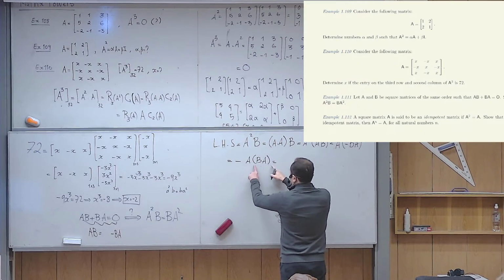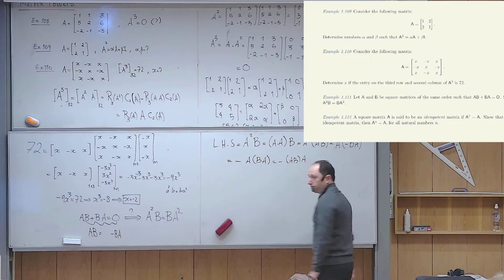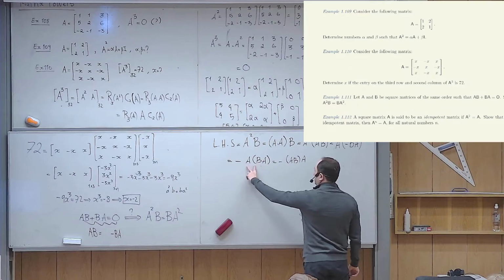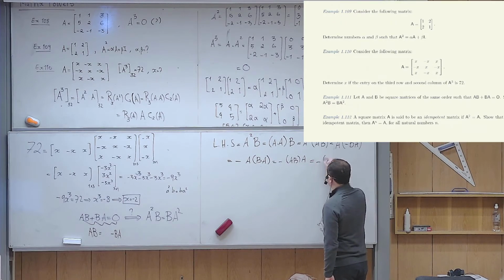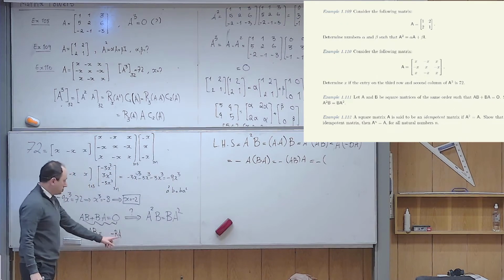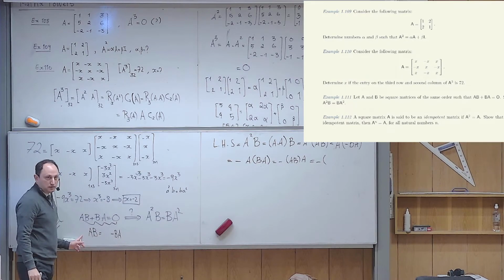I can use associativity and group them in this form. So I took the pair of brackets from here and put them around there. But then what can I write for BA again? Okay, AB is minus BA, so BA is minus AB. Yes? If AB is minus BA, BA is minus AB.